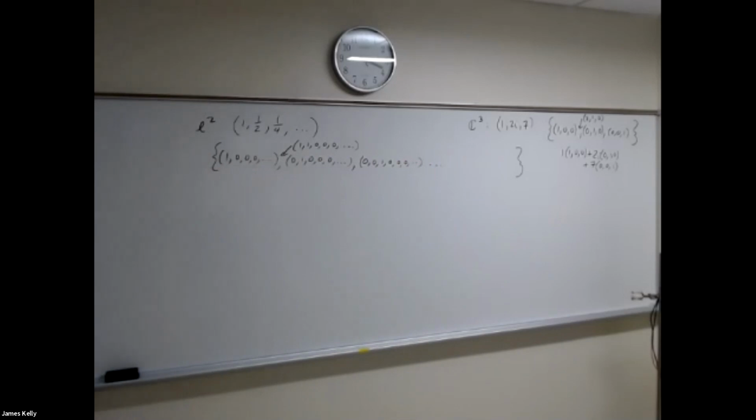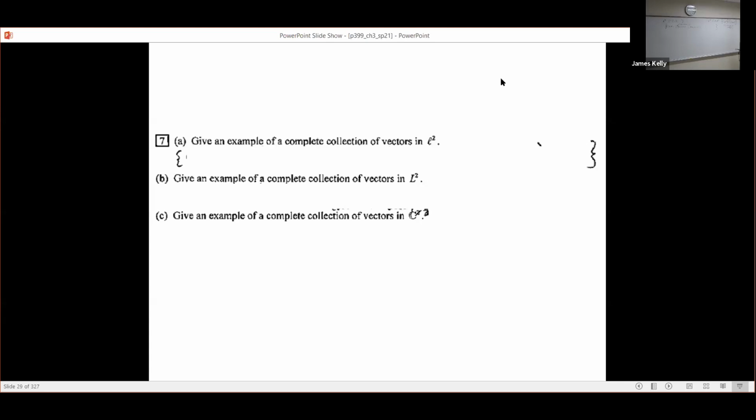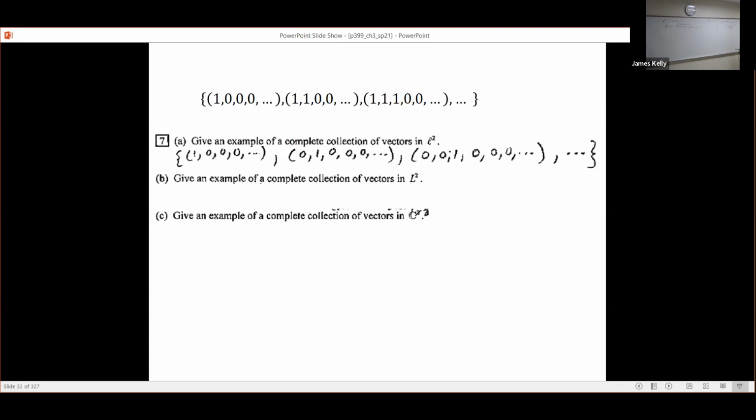Okay, let's go back. I forgot I don't have that connected. The other one we wanted to look at was capital L2. Let me just arrow forward. Okay, so there was the one we came up with. You can throw in an extra one. You could also make different ones, right? This one that I've got up at the top of the slide is kind of analogous to saying, in a 3-dimensional vector space, hey, I don't need to take x hat, y hat, and z hat.